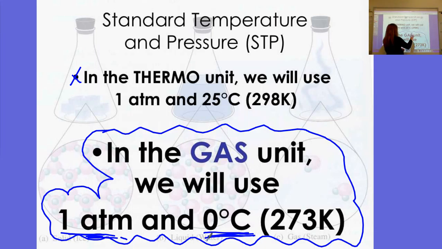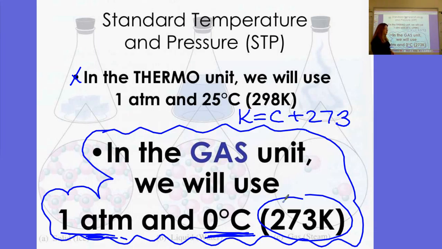If you recall the conversion, K equals C plus 273 for temperature, that's where we get this 273 Kelvin. So, standard, star this, highlight this. The standard for the gas unit is 1 atmosphere and 0 Celsius, or 273 Kelvin. STP, standard temperature, standard pressure.